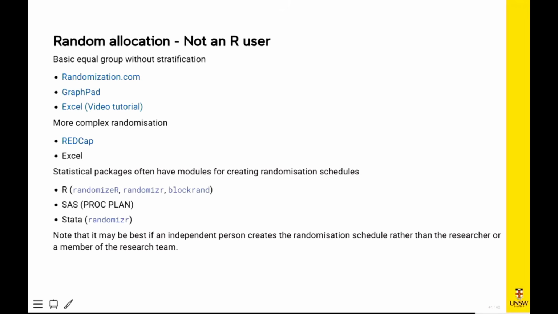Any other questions? Yes? You mentioned before that there was a trick to calculate the confounding variable. DAGs, directed acyclic graphs. Yes, I should have put that on the slide. Directed acyclic, A-C-Y-C-L-I-C, graphs.